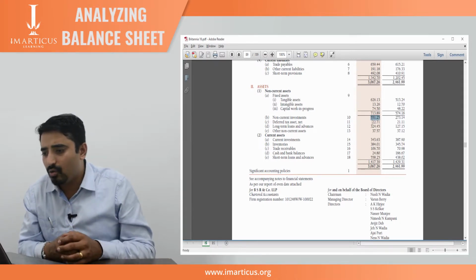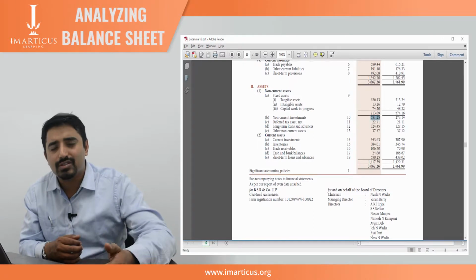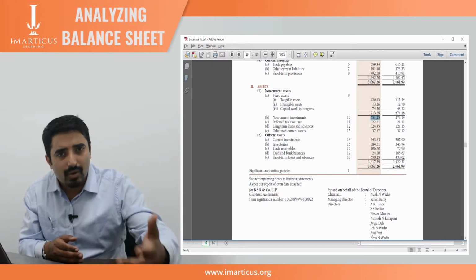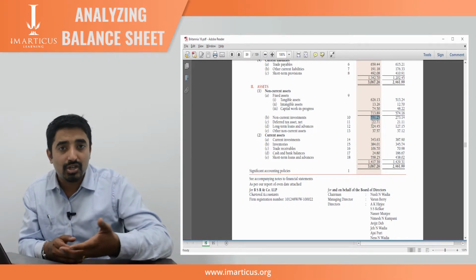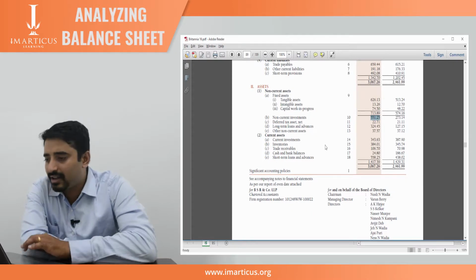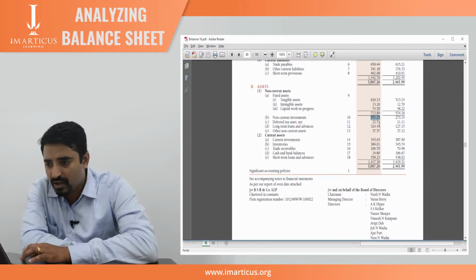Then you see long-term loans and advances. These are any kind of loans that you have given, intercorporate loans, or some advance payment for a new machine or something that you have purchased. And then there's this catch-all category, which is other non-current assets. So together all these things form your non-current assets.